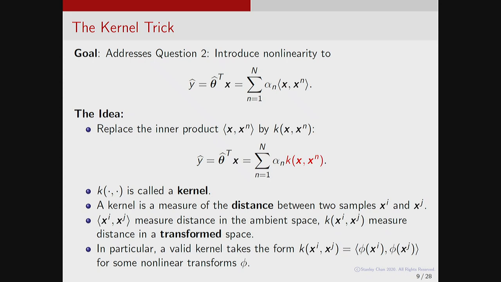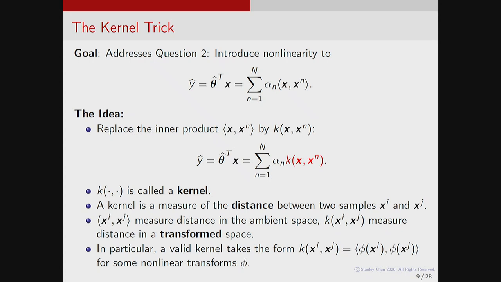Now, we saw in the previous slide that if you want to get a predictive value, you just take the transpose of your theta hat times your new data point x. Then you can form this linear combination, which is the combination of all these inner products. If you're wondering how I get this inner product, you realize that this theta hat is nothing but the summation of alpha n xn.